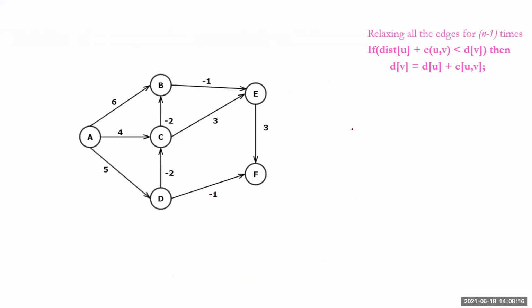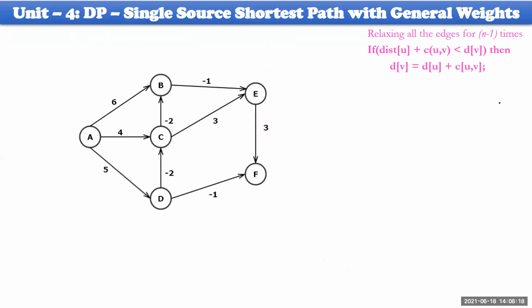So let us take this particular problem here. I have given this relaxation formula here for our reference. Let us consider this graph, and we need to identify the shortest path from a single source vertex, that is A, to all other vertices.